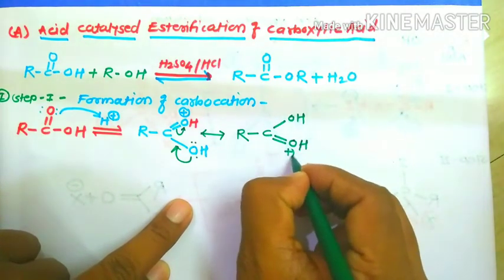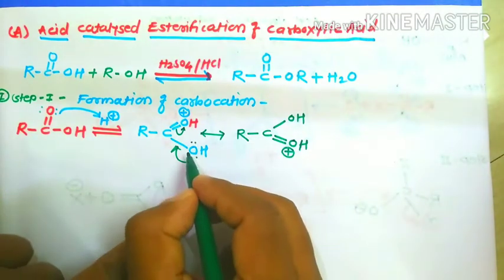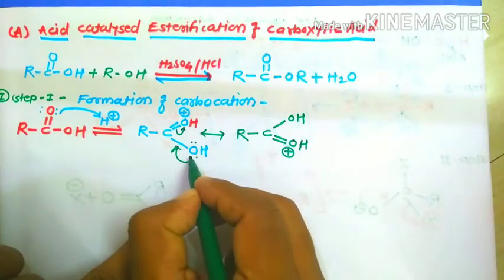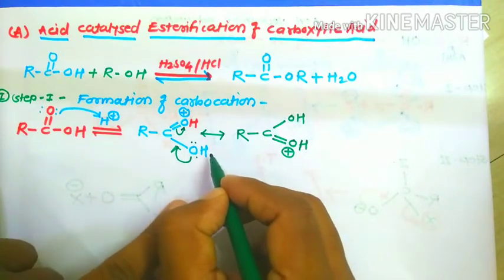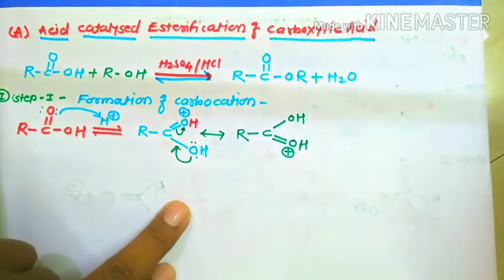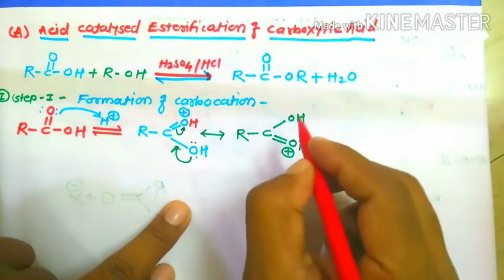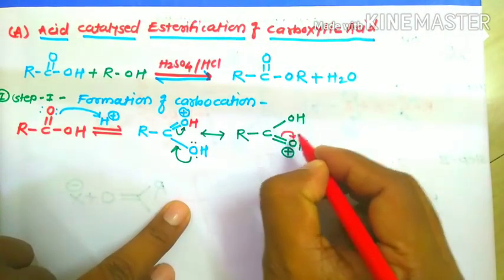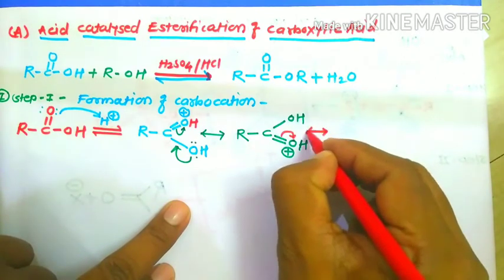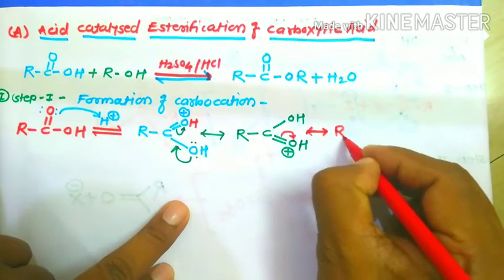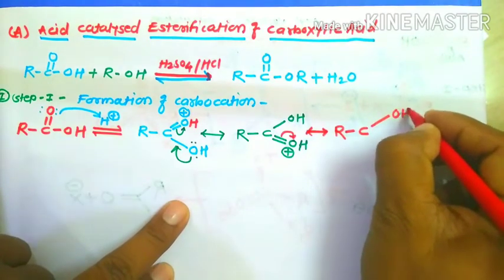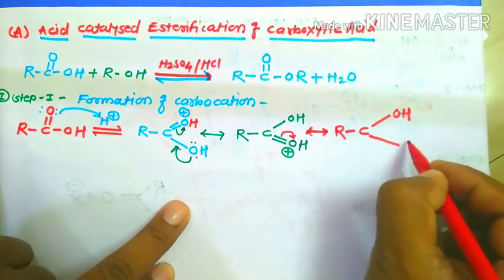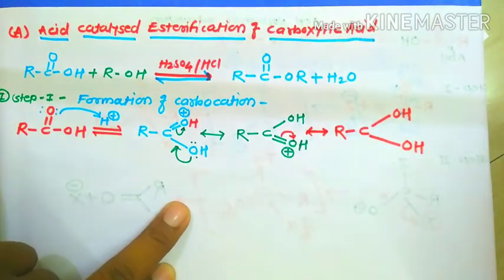This oxygen contains positive charge. Due to this, the oxygen uses a non-bonded pair of electrons, giving one resonating structure. Then the bonding electrons shift toward the electron deficient oxygen atom to form another resonating structure, that is R C OH OH.